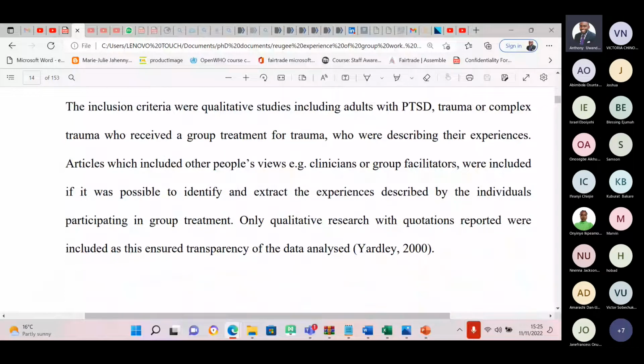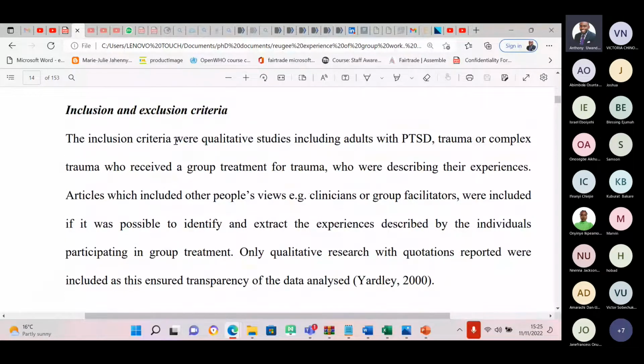Then describe your inclusion and exclusion criteria. The inclusion criteria were qualitative studies including adults with the phenomenon of interest who are describing their experiences. It's very important if you're doing this kind of study.